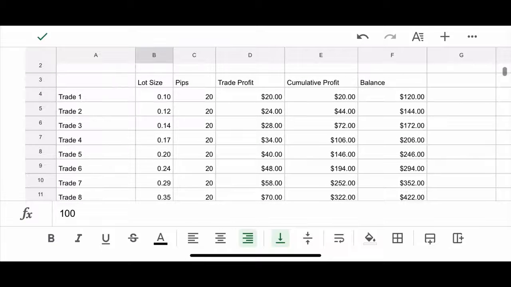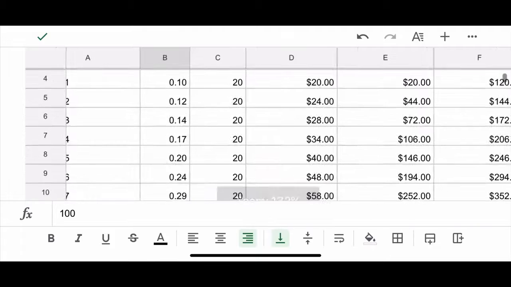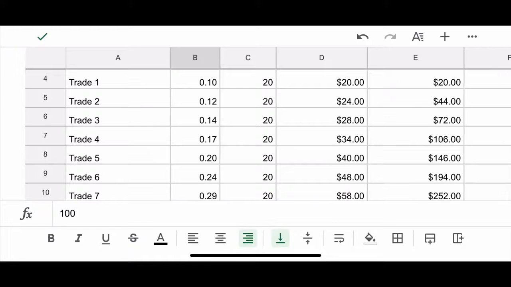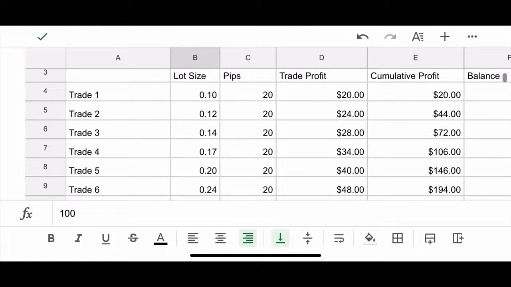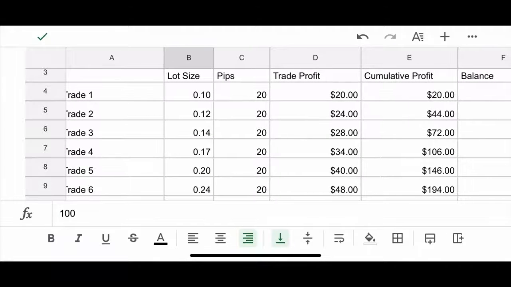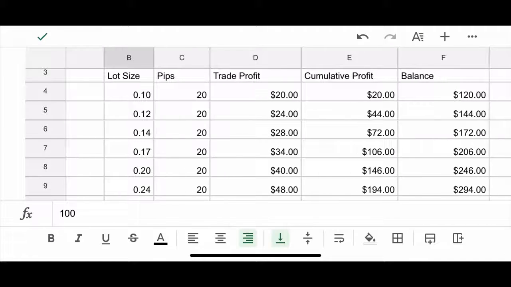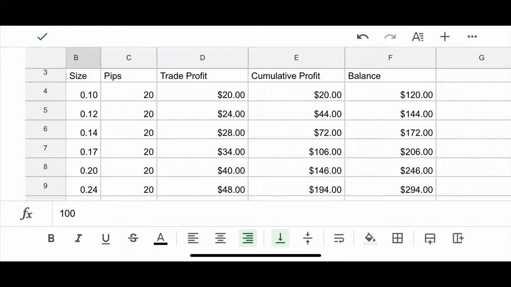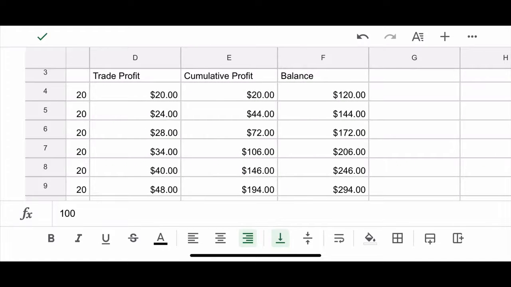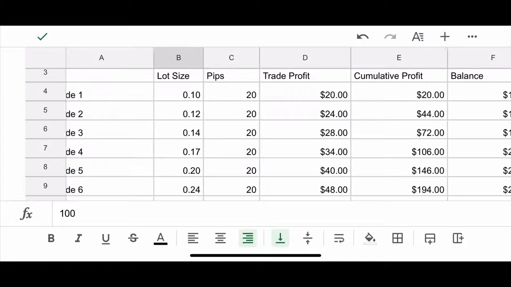When you look at trade one, if you were to use a 10-cent lot, right there where it says lot size, that's your trade amount. 10-cent lot in the Forex world is $1 a pip. That's how much you earn per pip. So the goal is to get 20 pips on the trade, which means you would have made $1 times 20. That's $20 profit. And your balance now would be $120.